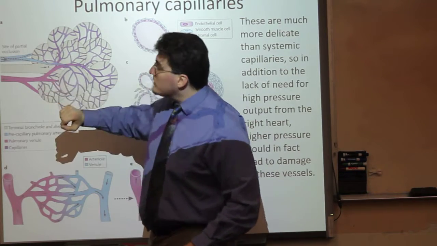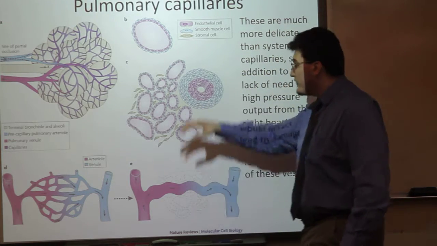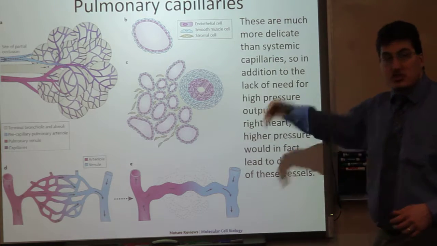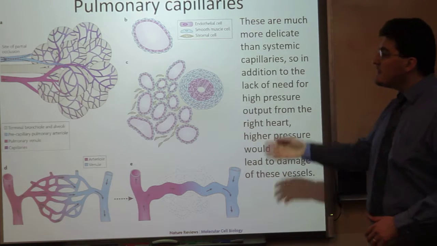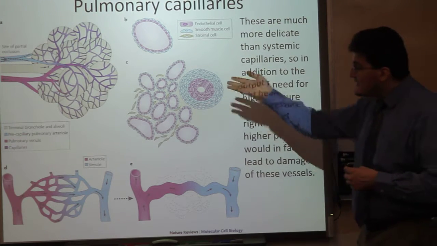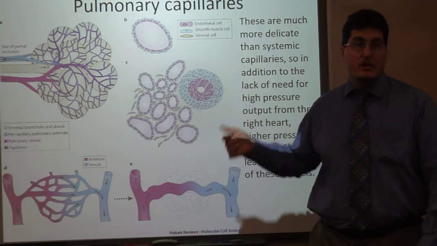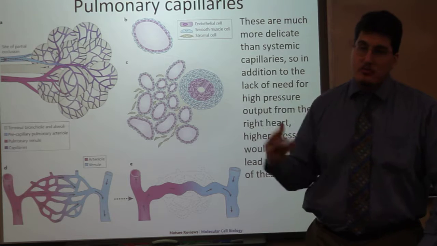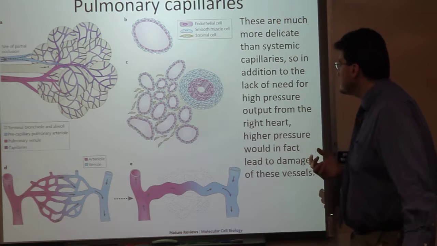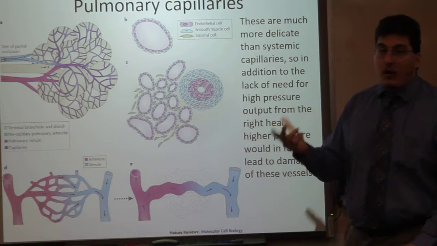There is a site of partial occlusion, but there are no individual precapillary sphincters and no metarteriole system. There is no way to shunt blood here. So there is no metarteriole and thoroughfare channel capable of handling higher pressures. These delicate capillaries could rupture if arterial pressure were to suddenly increase, if that driving force were to increase at a rapid pace. So if we damage those vessels, that's all that you're going to get.